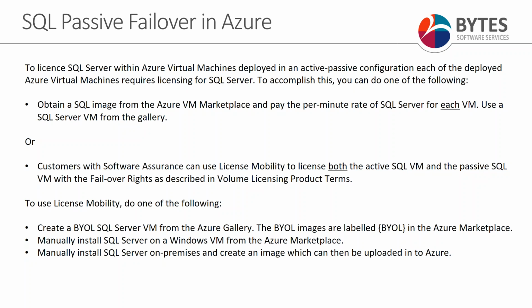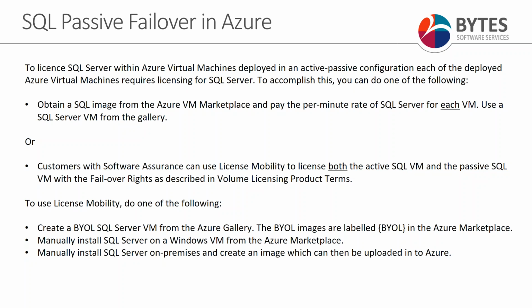In Azure or AWS, when you're consuming on a pay-as-you-go or pay-per-minute basis, those rights don't apply, so you have to license both the active and the passive nodes. When licensing using bring your own license, those rights do apply, but as previously stated, you have to have active software assurance.